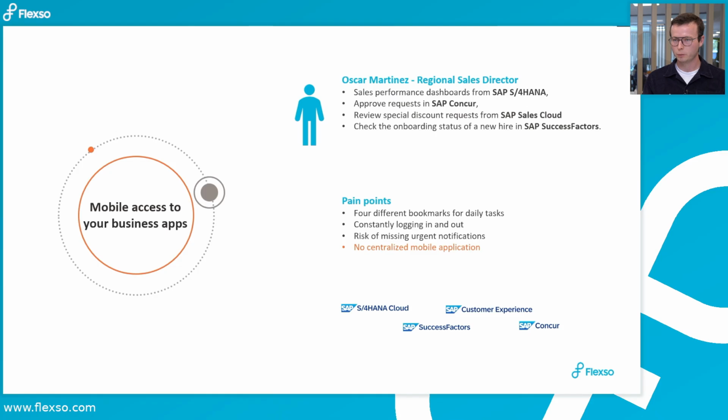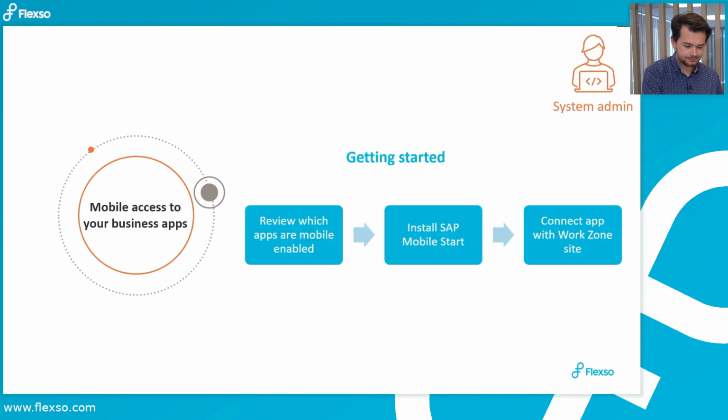Is that also something we can enable using SAP Build Work Zone? Absolutely. And the nice thing is that it comes out of the box with Work Zone. So if you take the service Work Zone, you have some licenses on that service. But together with that service, you also get SAP Mobile Start, which comes free. It's included in the package.